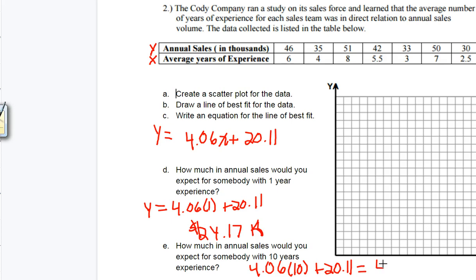That gives me 40.6 plus 20.11, which is going to give me around $60.71 thousand in sales.